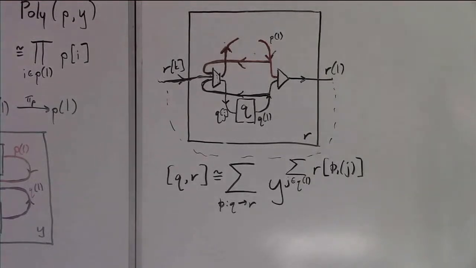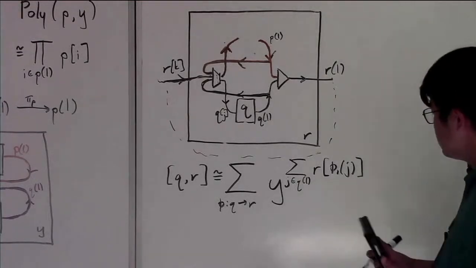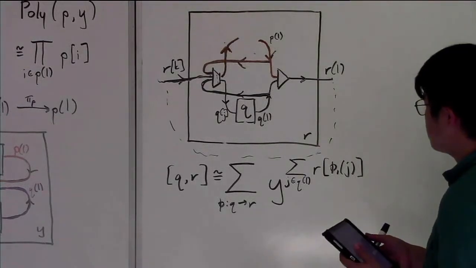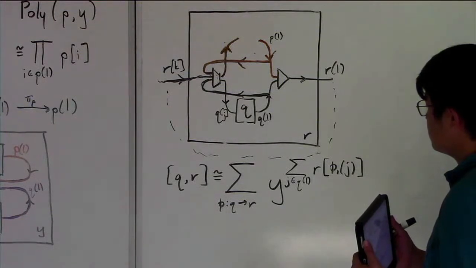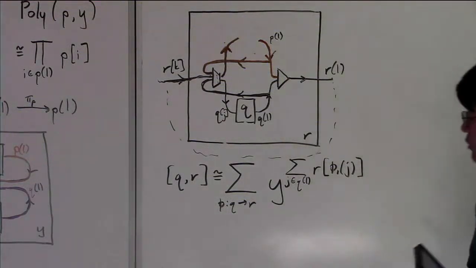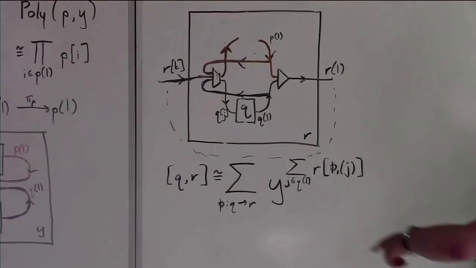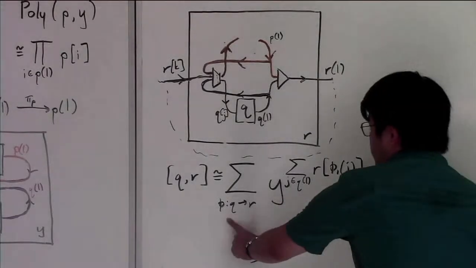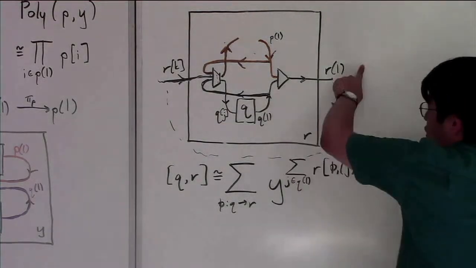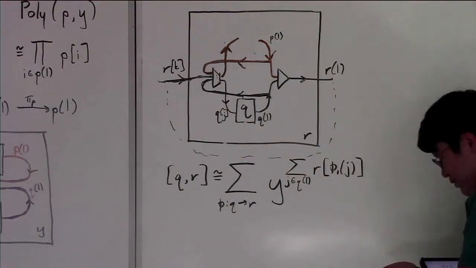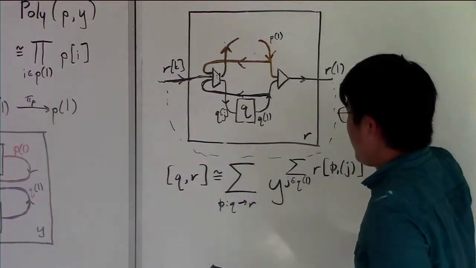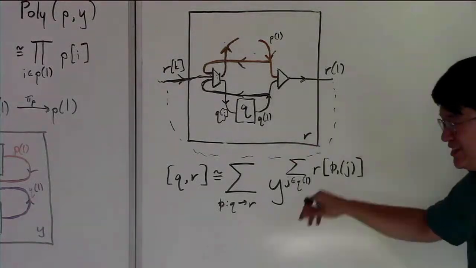Yeah. Why are the positions the polymaps from Q to R instead of just the functions from Q of 1 to R of 1? Repeat the question. So the question was, why are the positions actually polymaps from Q to R as opposed to just functions from Q of 1 to R of 1? That's a great question. And it has to do with the fact that there's more being outputted out of this diagram, right?